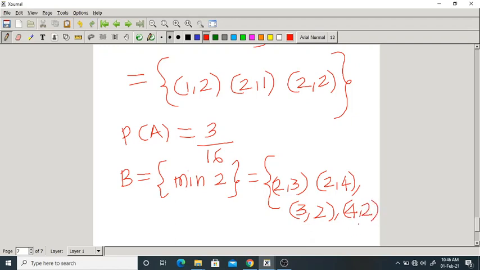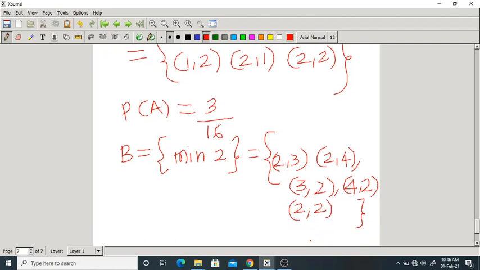Any other possibilities? Check, verify. Yeah, obviously 2 2 will be there anyway.